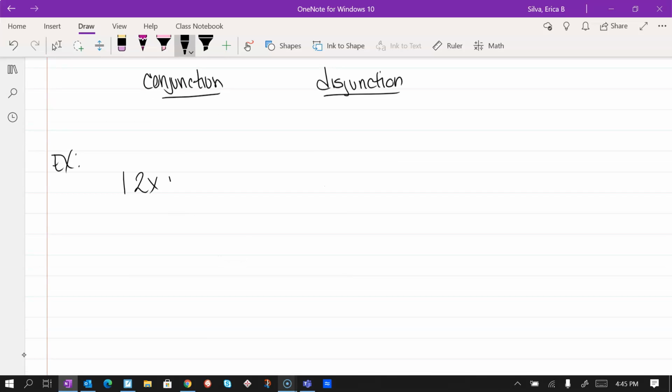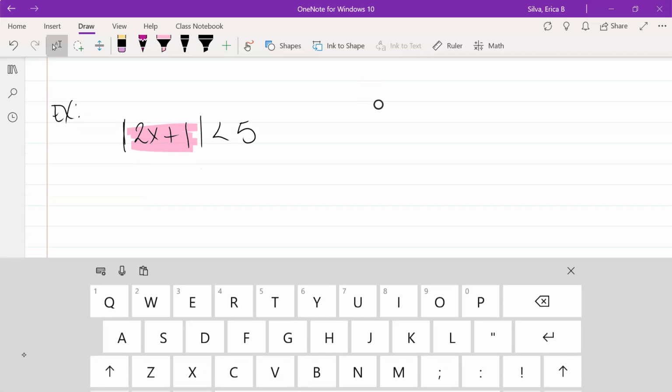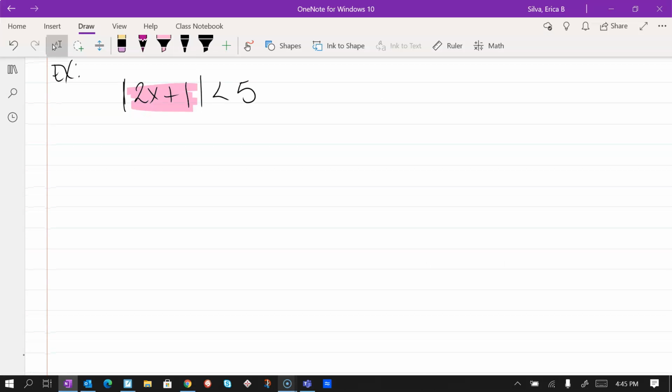We've got the absolute value of 2x plus 1 less than 5. So again, we first want to isolate my absolute value. This one's already isolated. So when we separate it into the positive and negative of that 5, we do 2x plus 1, and then we're going to copy the inequality exactly as my original.